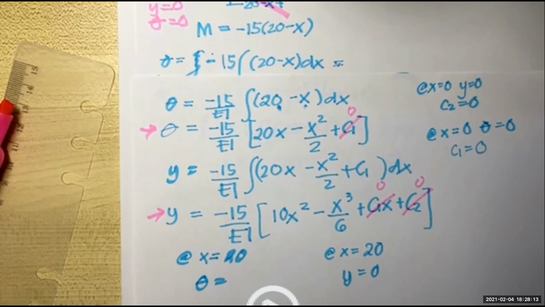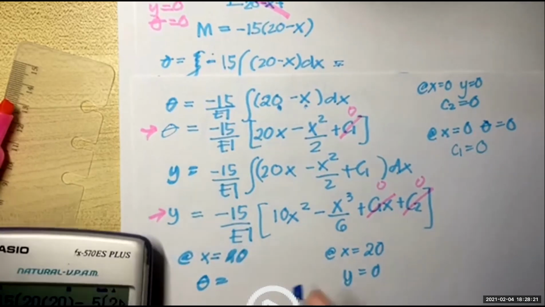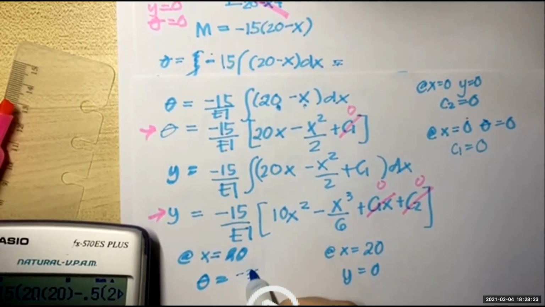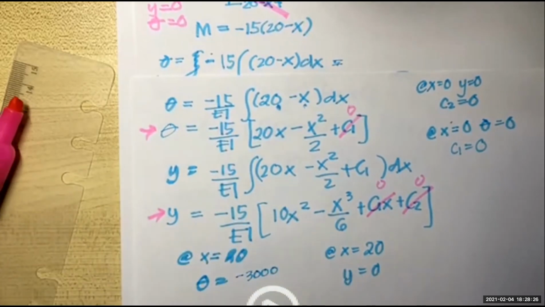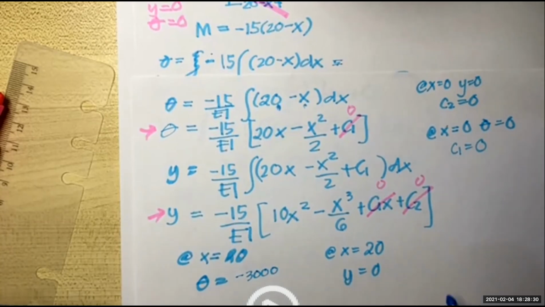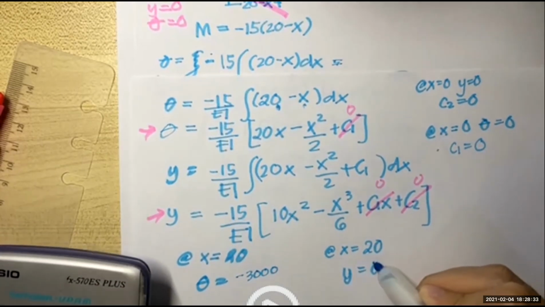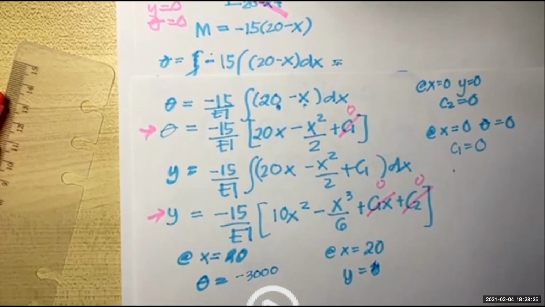20 times 20 minus 0.5 times 20 squared. Negative 3,000. Tama ba? Yes, negative 3,000. Okay, then for y, substitute negative 15 times 10 times 20 squared minus 20 cubed.